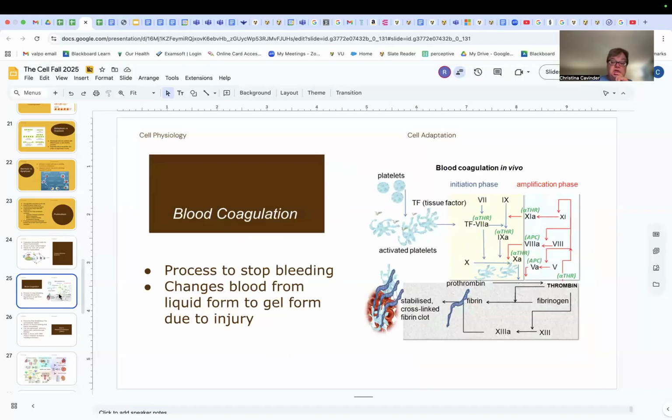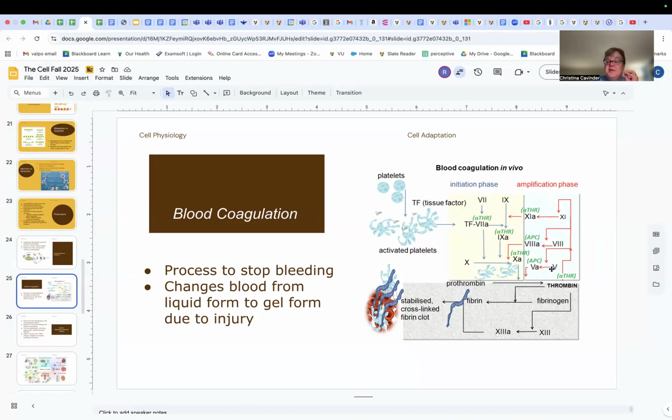Blood coagulation, it's where we're stopping bleeding, right? So it's changing blood from a liquid form to a gel form or making a clot due to injury. Again, you don't have to memorize all these steps, but you do need to understand there's different phases in the blood coagulation.